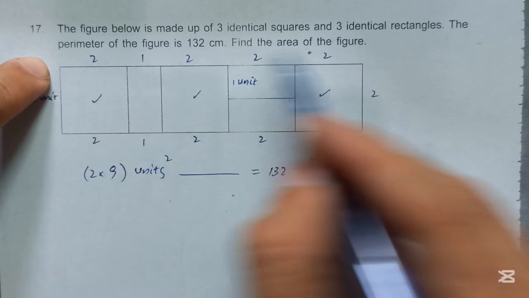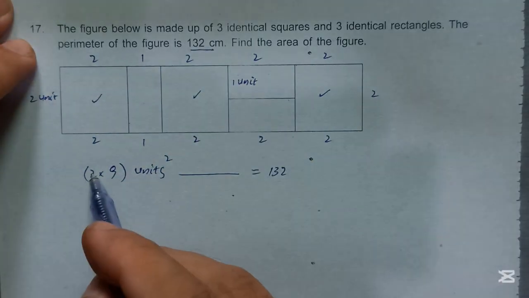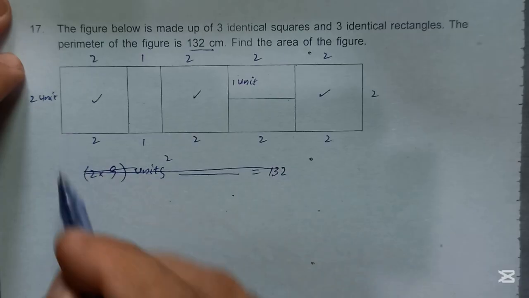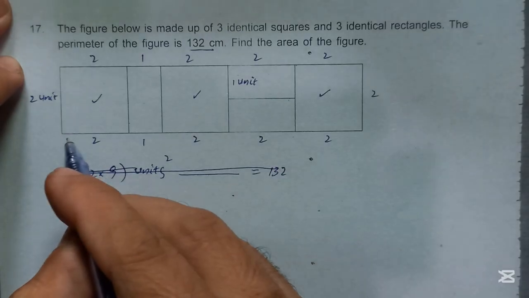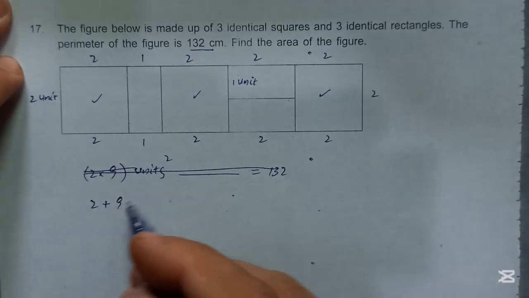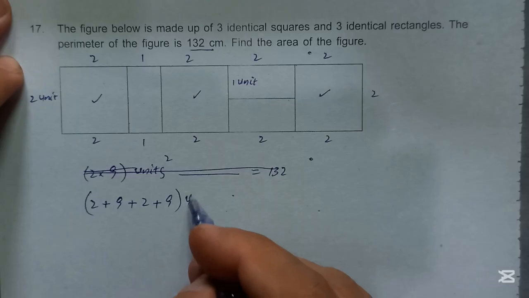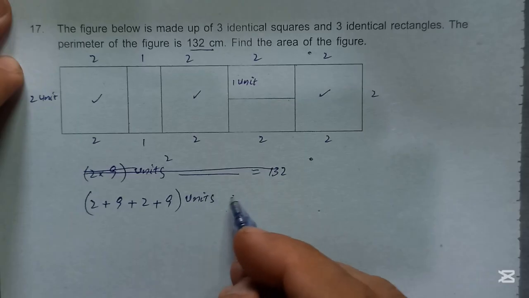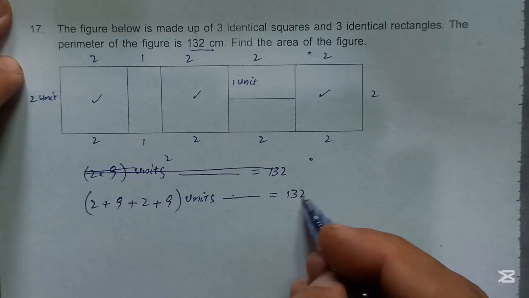Actually, the perimeter of the figure is given. So the perimeter of the figure is this: 2 plus this full side is 9, plus 2 plus 9 units will represent the perimeter, that is 132.